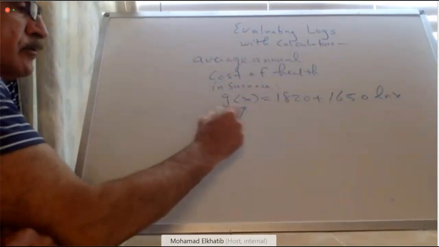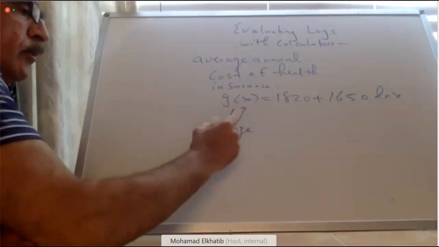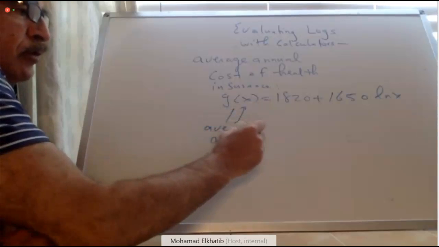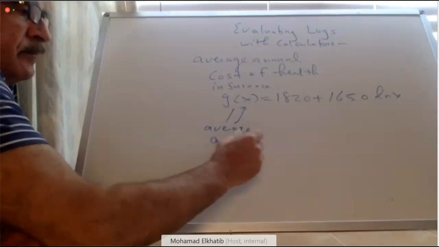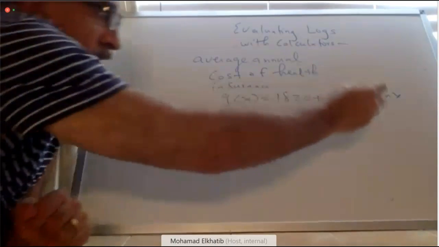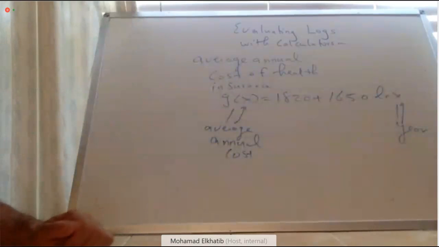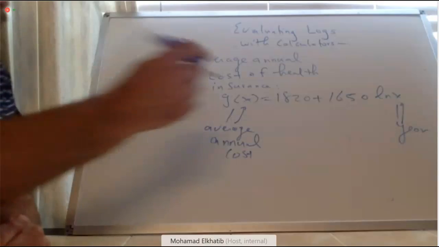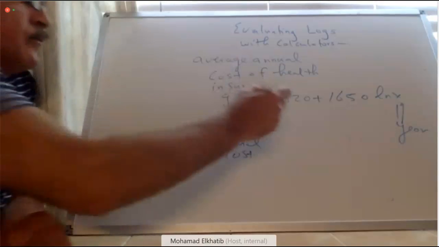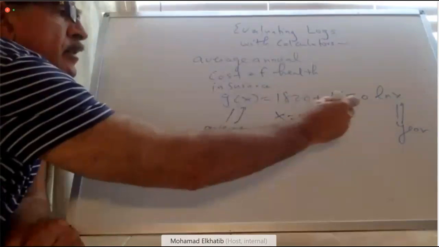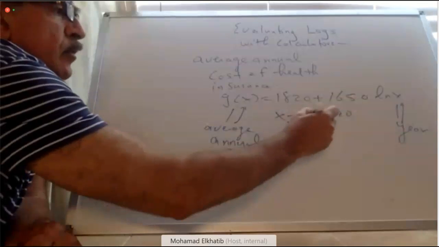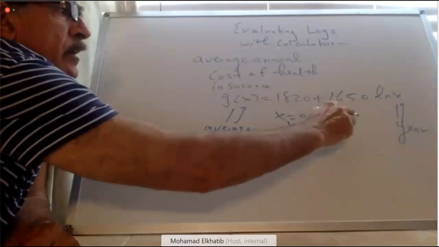The average annual cost. How much it costs you a year to buy health insurance. X here is the year. And all of these word problems that I cite for you, I make it easier for you. X equals 0 is the year 2000. X equals 1 is 2001, and so on.